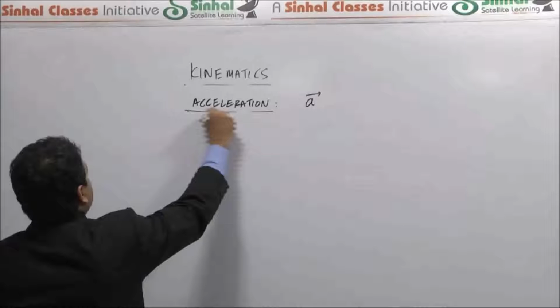So for example, in uniform circular motion, the acceleration is non-zero, because once again the magnitude of velocity is constant, okay, but velocity is variable.